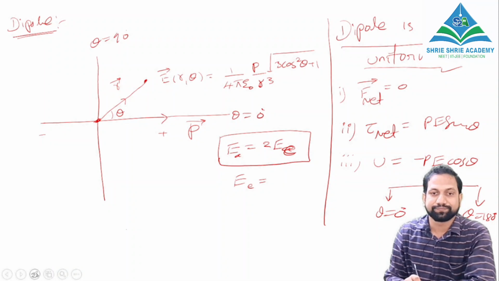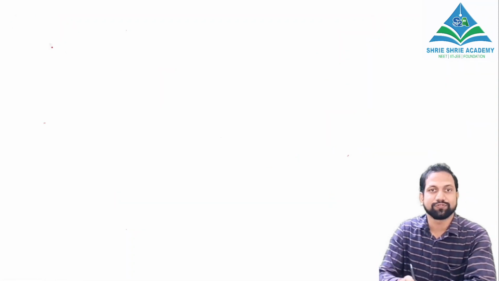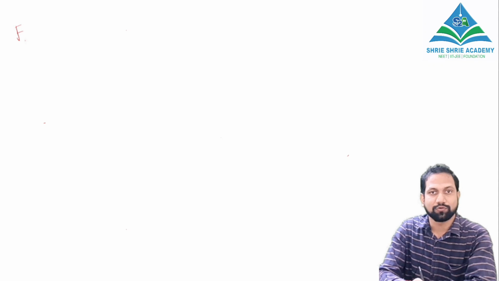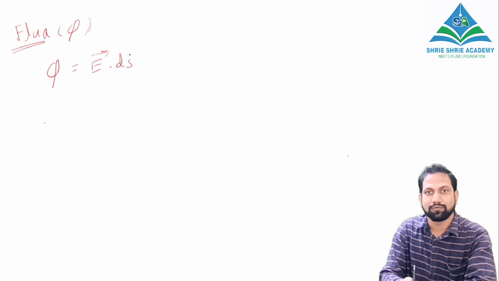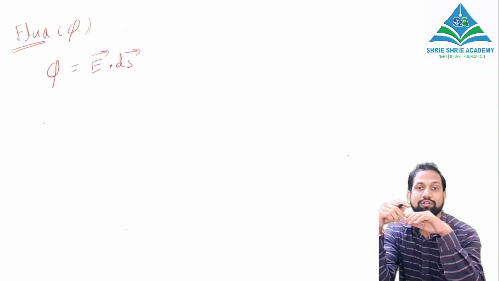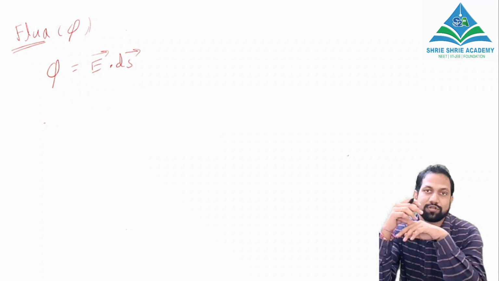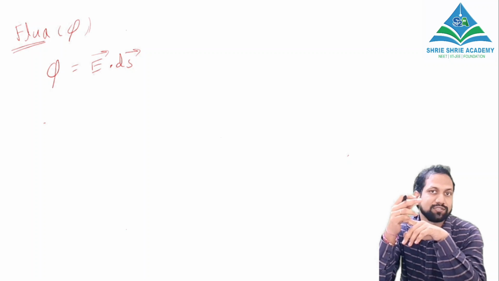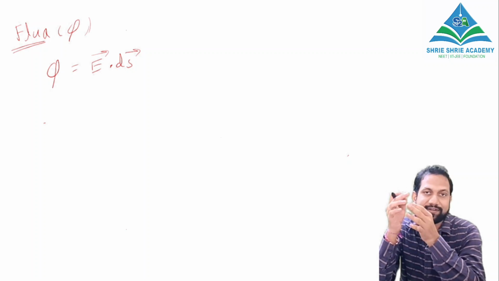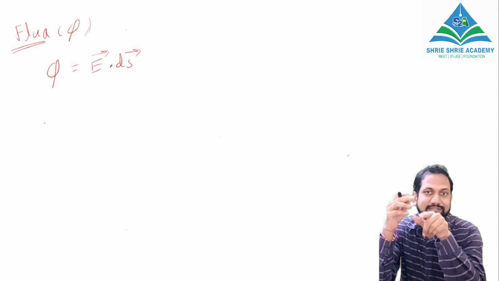Next, if you go to the flux and how to calculate the flux, this is also important for the NEET. Flux is going to be the dot product of field and area. Simply, it is the number of field lines passing through that area which is perpendicular to the direction of the electric field. And how to consider perpendicularity of that field and this surface?